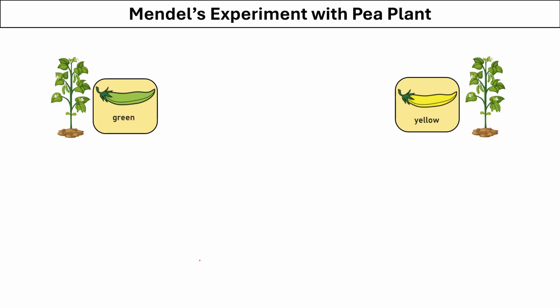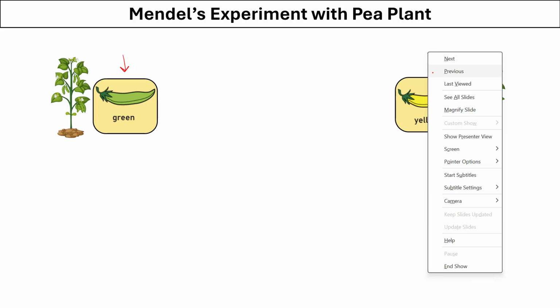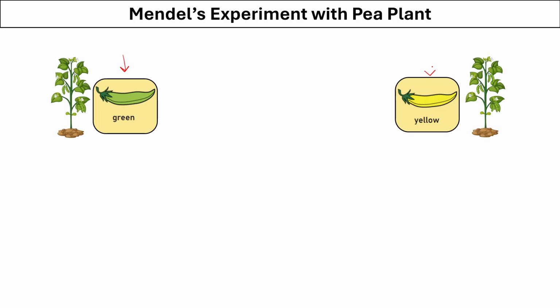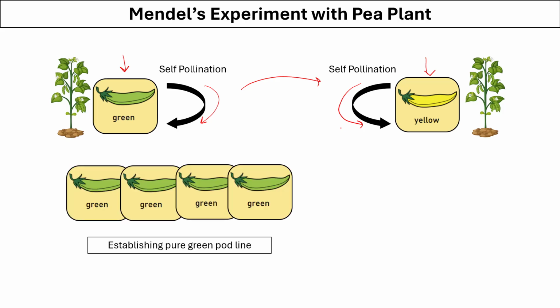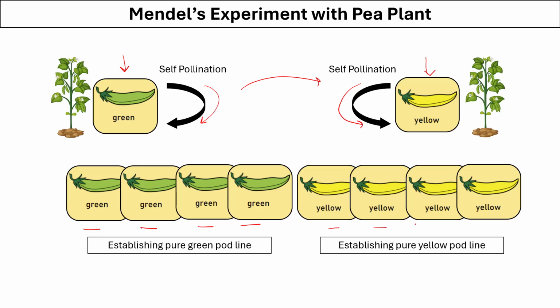All right, so Mendel started his experiment with the pea plant. Let's say he was observing one of the characters, which is the color of pod. The color of pod he found was either green or yellow. So he self-pollinated these plants, did not let them cross with these guys, and after only self-pollination, he found that all the generations would only have green pods and this side had all the yellow pods.